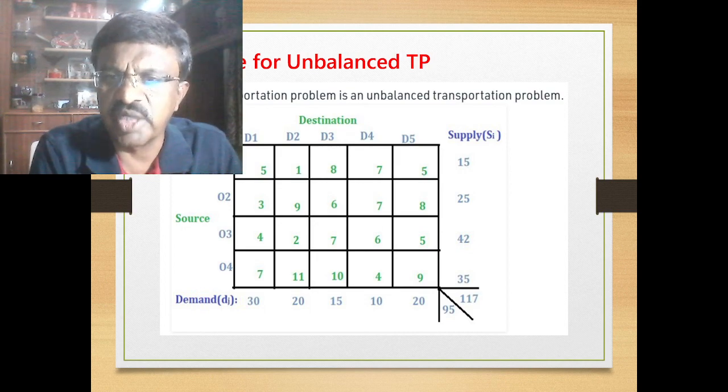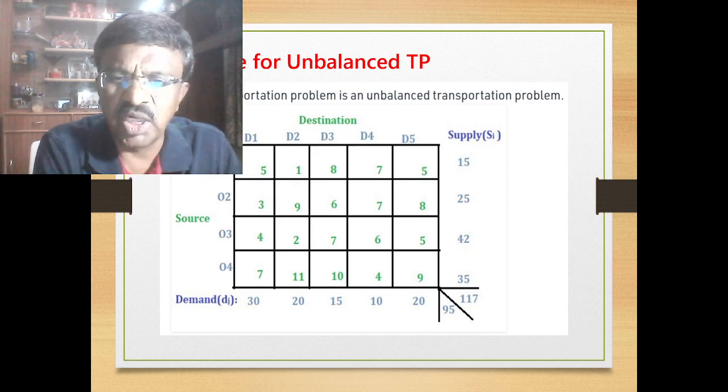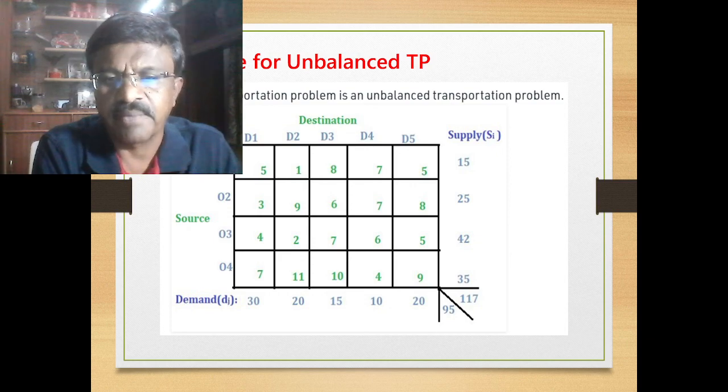Here, looking into the table, total supply is given to be 117. We can add up also. If we add up all the supplies, we will arrive at 117. Similarly, total demand is 95, which is not equal.